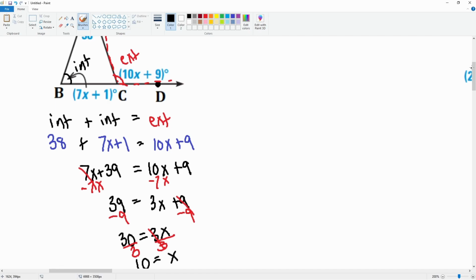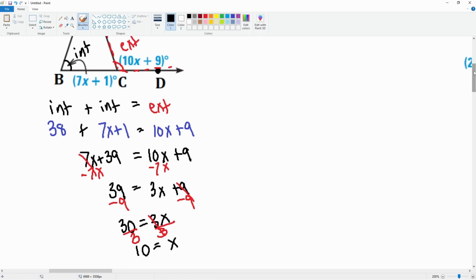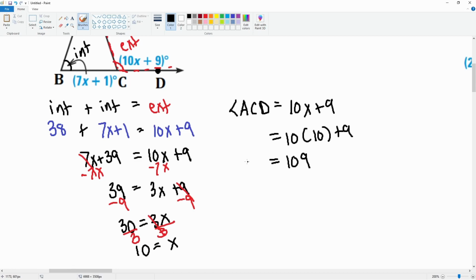So the final answer here is x is equal to 10. However, remember, we want the angle. So the angle ACD was right here, 10x plus 9. Make sure you substitute that value in. 10 times 10 plus 9 is 109 degrees. So ACD in this case is 109 degrees.